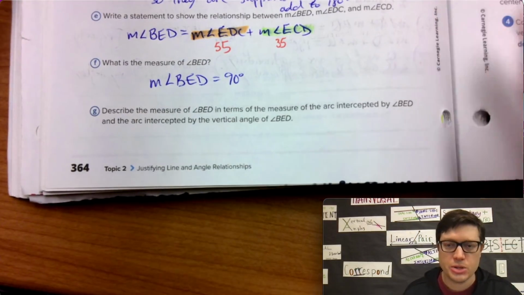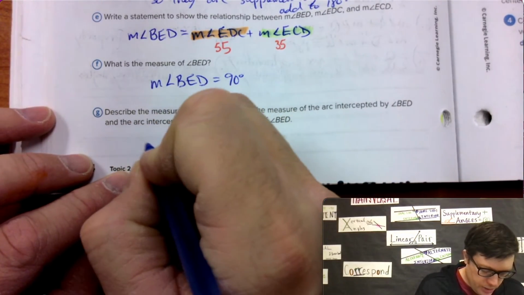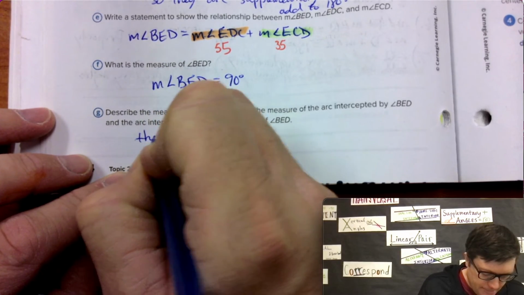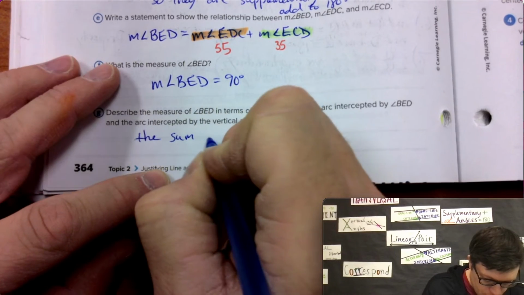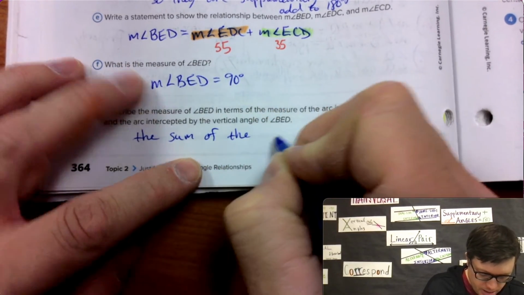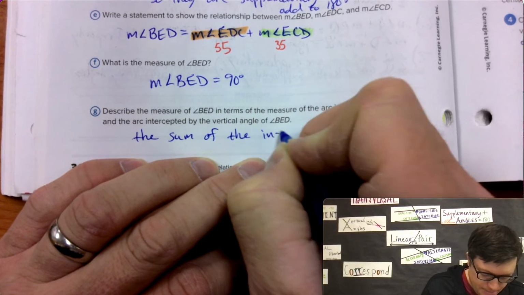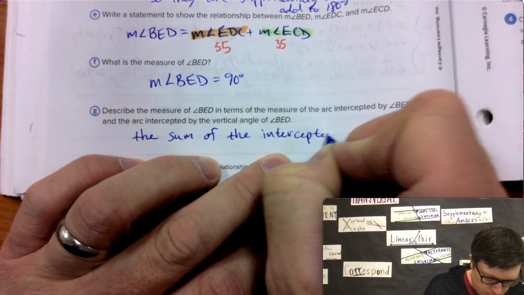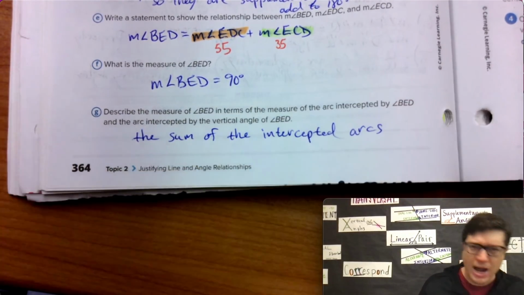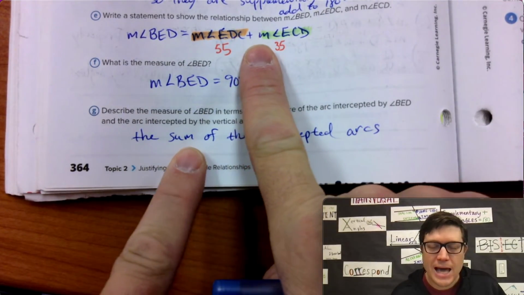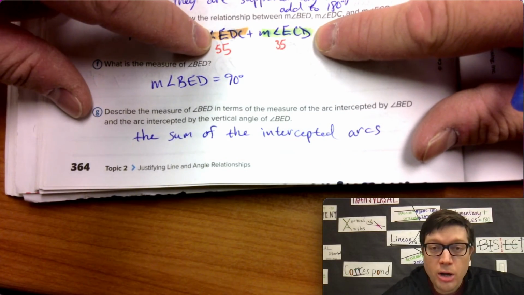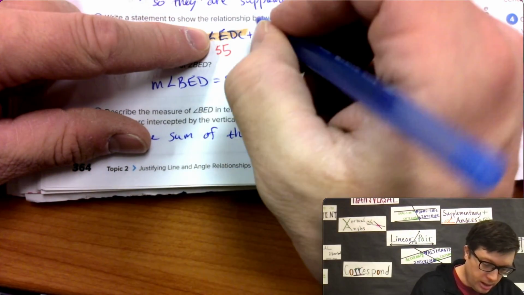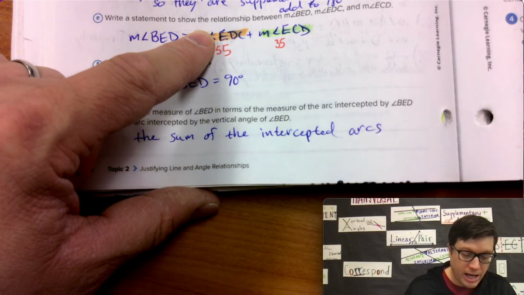So let me see if I can get the screen where I need it to be. So the sum of the intercepted arcs. So we're adding, right? Sum means adding. The sum of the intercepted arcs. And these are the arcs that we're talking about. We're talking about AC and BD, right?